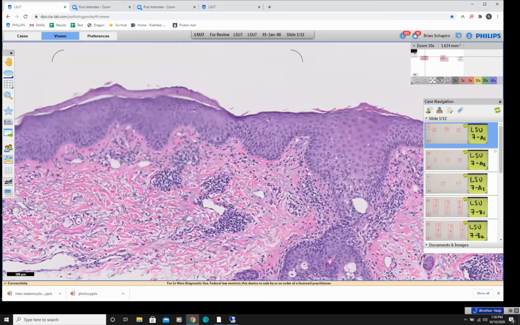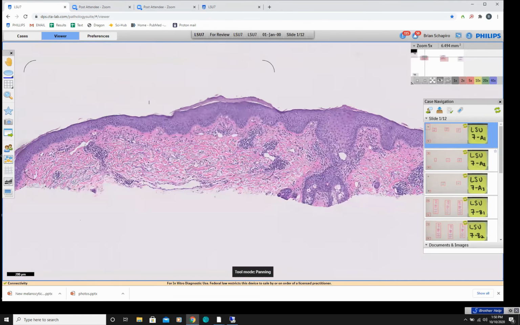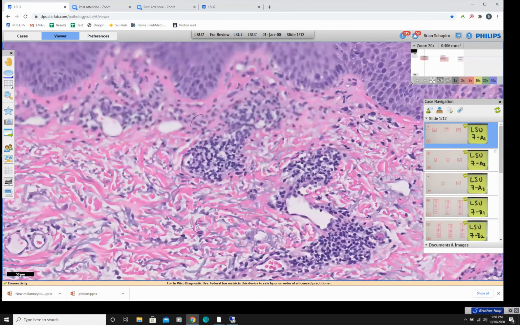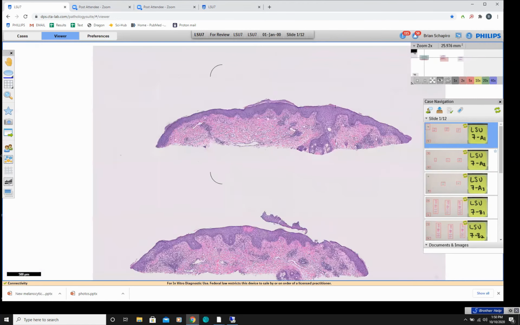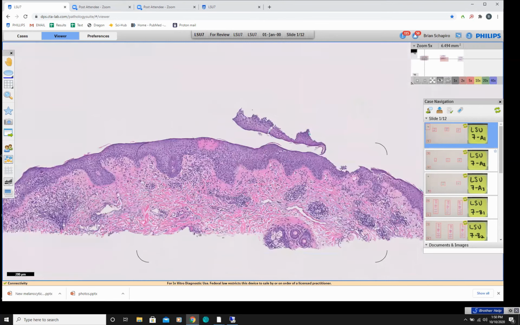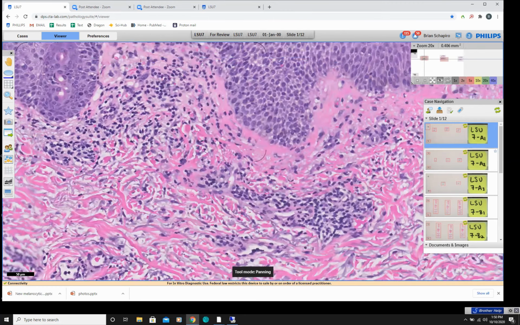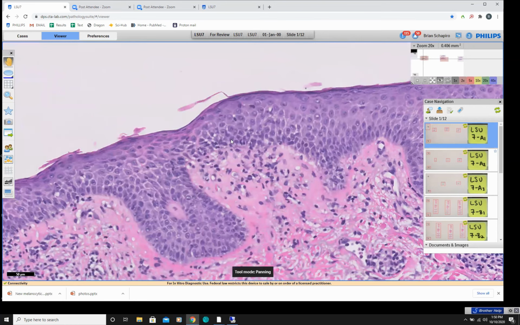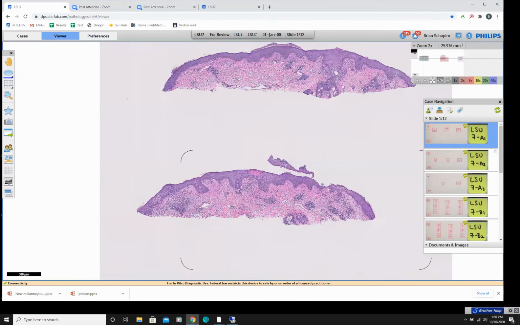It had a little scale here. Spongiosis, a little bit of acanthosis, perivascular infiltrate. Not much to see. Here's some more spongiosis, even formation of an early vesicle, lymphoid infiltrate, some lymphocyte exocytosis. Here's an eosinophil, and not much to see.